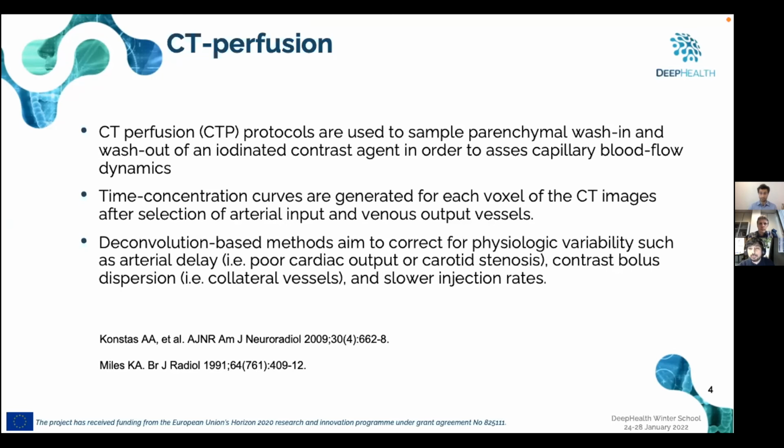What is the problem? The big problem is that there is a lot of physiologic noise, and the fact that we are not in a normal situation, but we are in a pathological one, introduces a lot of different kinds of noise. And this noise can be arterial delay, or can be dispersion of the contrast, or collateral circle.